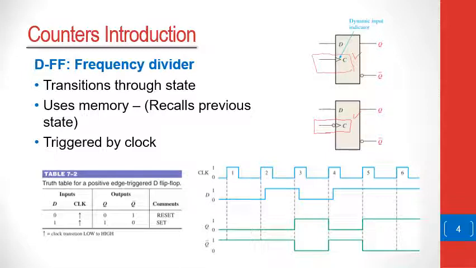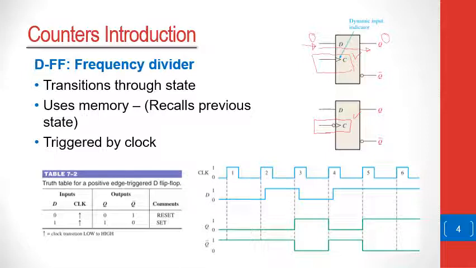So the D flip-flop has an input D, and input D will simply propagate to Q whenever it's been triggered. So for a positive edge triggered D flip-flop, if there is a 0 at the input on the positive edge, the 0 propagates to Q, the 0 will show up.